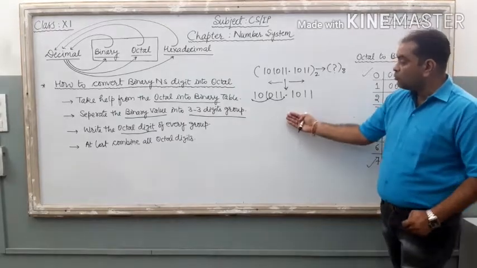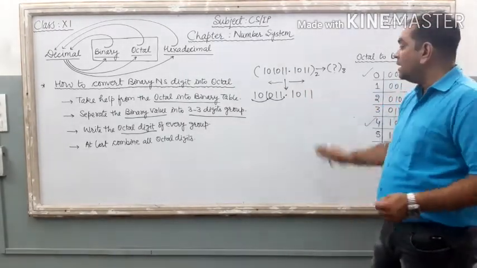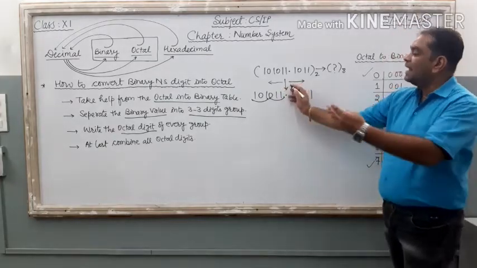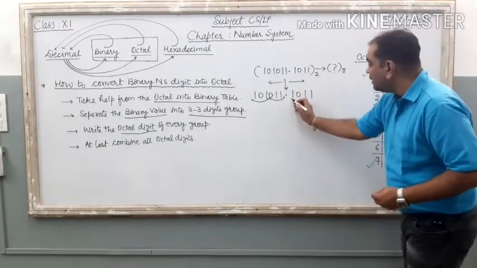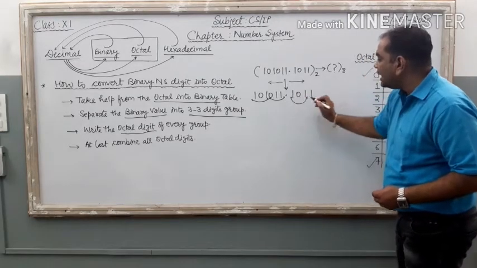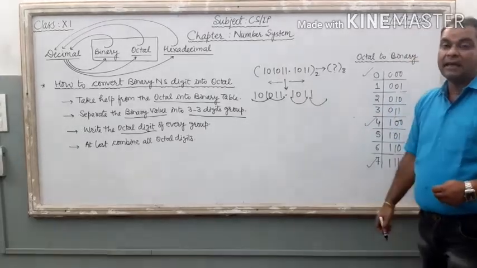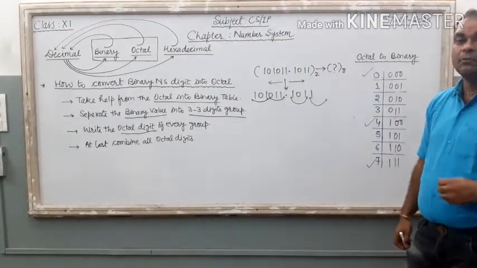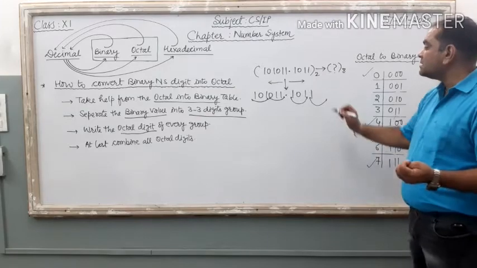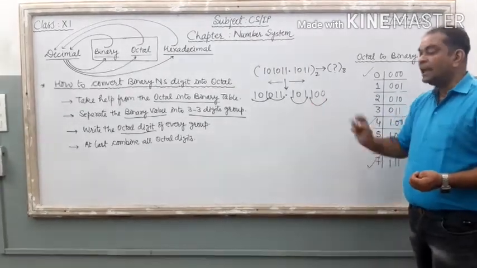Means if you want to create groups of the value after the decimal, you just follow the direction left to right. Clear? So here, left to right, my first group is this one and my second group is this one. Here only 1 is there, but we have to create a 3-digit group. What can we do? We just put 2 zeros at the end of the digits.